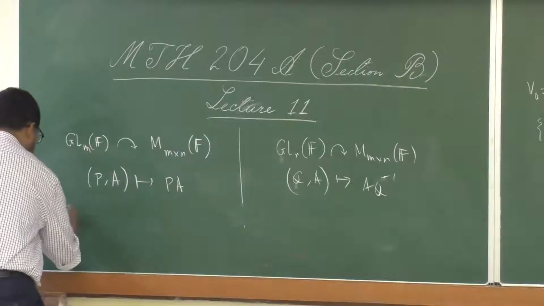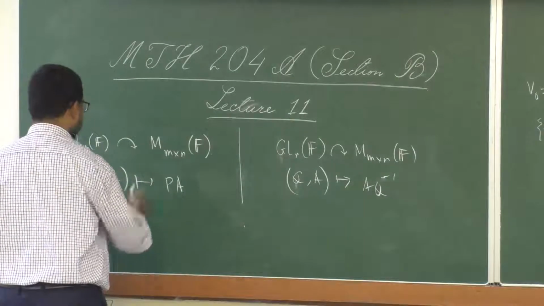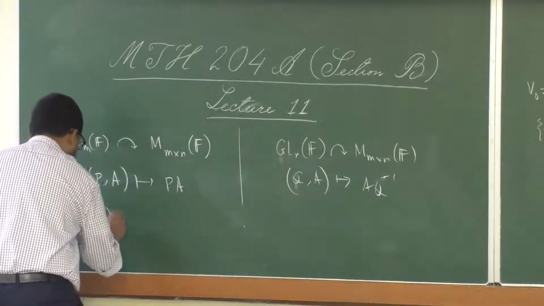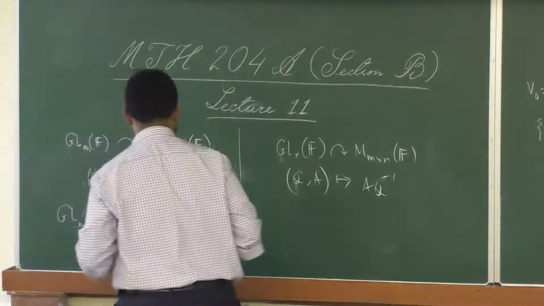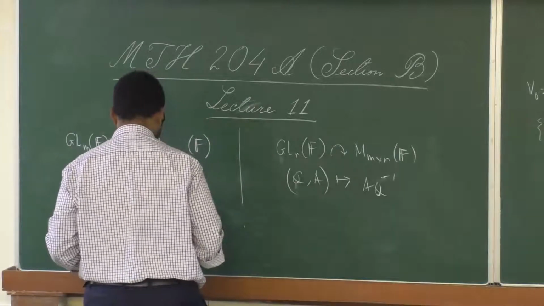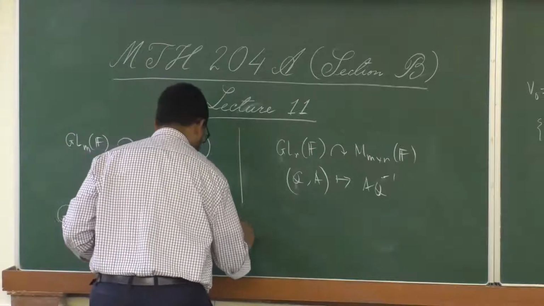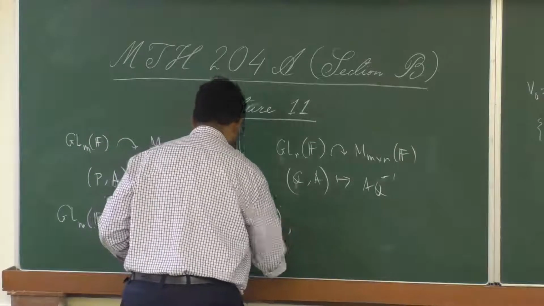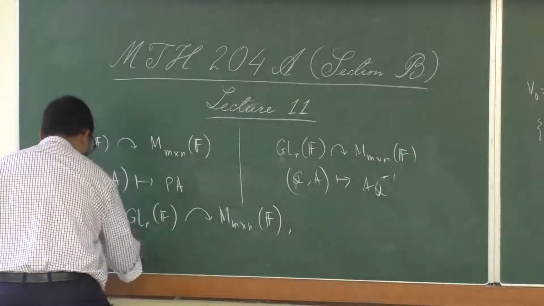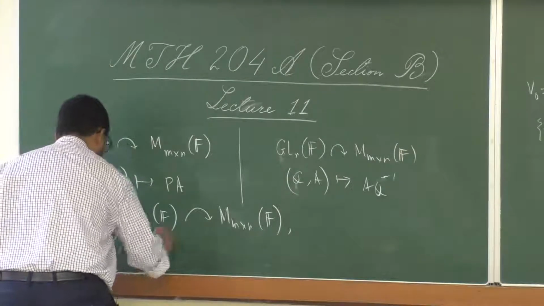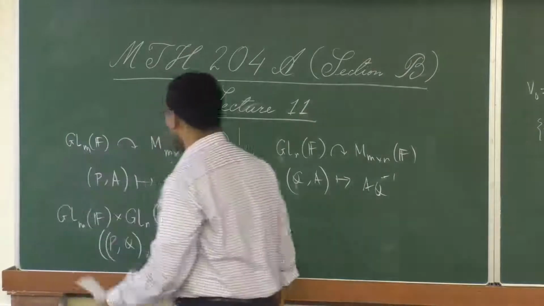What we do is combine these two actions on the same set in the most natural way. The action would be that (P, Q) and A goes to PAQ^{-1}.